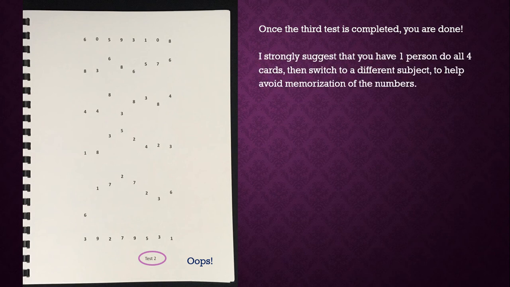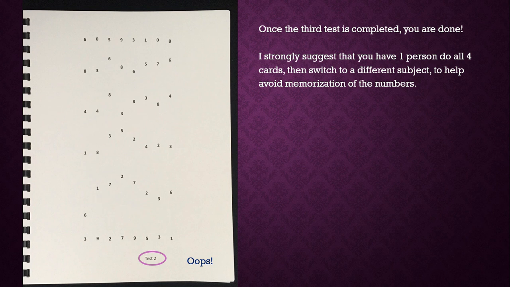I strongly suggest that you have one patient or subject do all 4 cards and then switch to a different subject. And the reason for doing this is to help avoid memorizing the numbers. So maybe it would be a good idea for that second person who is waiting around for the test to be done not to stand near while the test is being performed so they don't memorize the numbers.